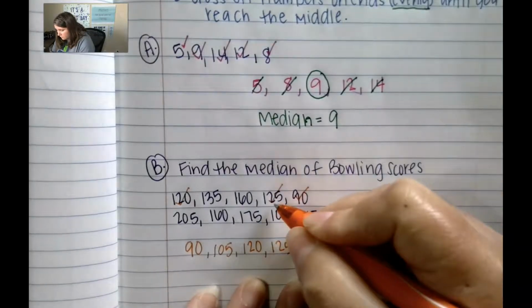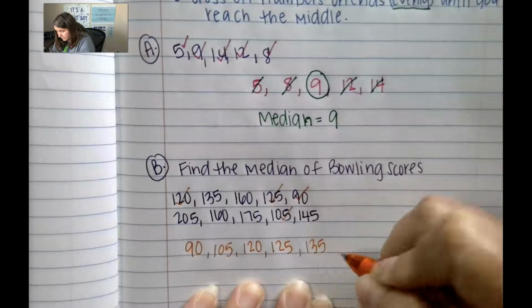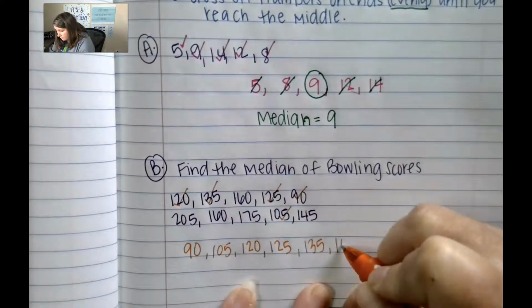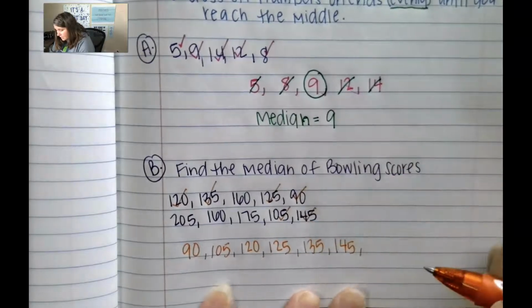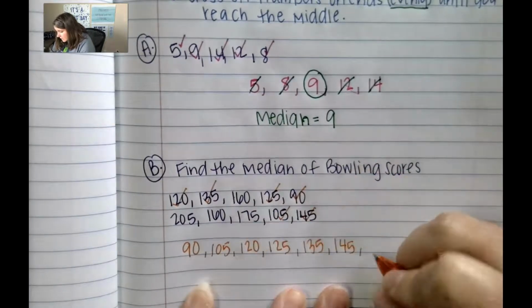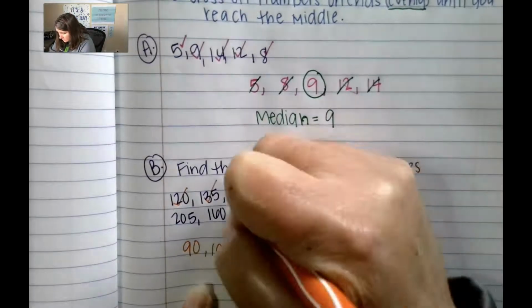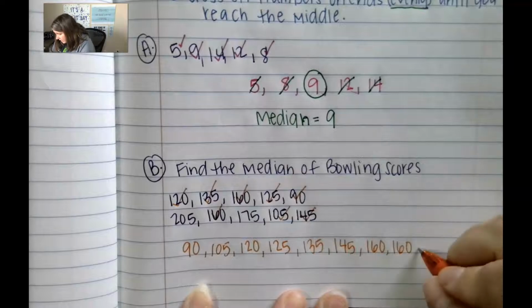After 125, it looks like 135. After 135, 145. And then it looks like we have 160 and 160. So list that one twice. So there's two different ones. 175.